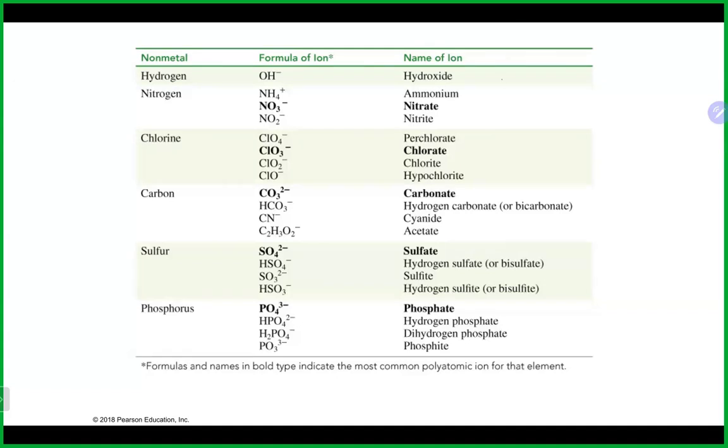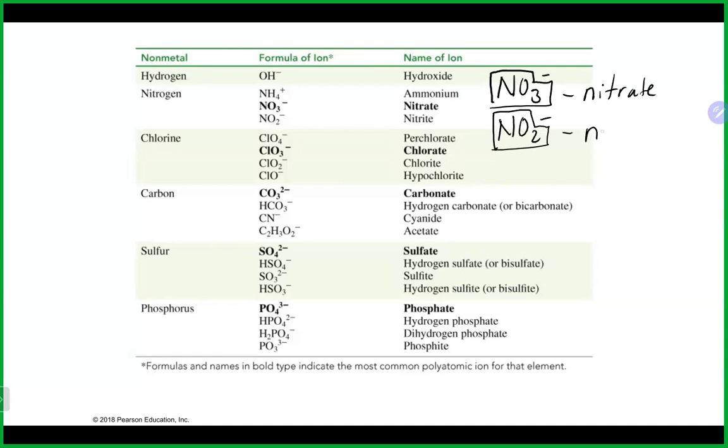So for example, if we look at this one here, which is NO3 minus that we saw earlier, that entire thing has a -1 charge. And we look at NO2 minus, and again, that entire thing has a -1 charge as well. This is, as we saw earlier, the nitrate ion.